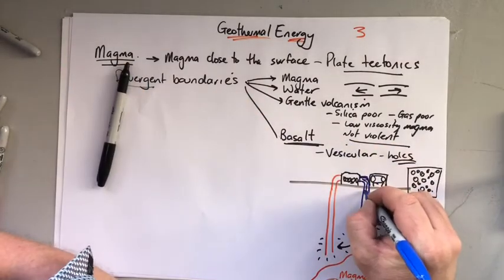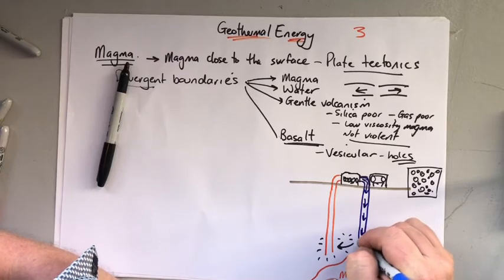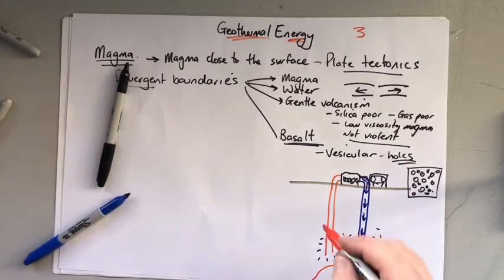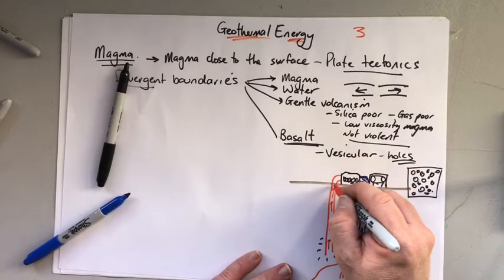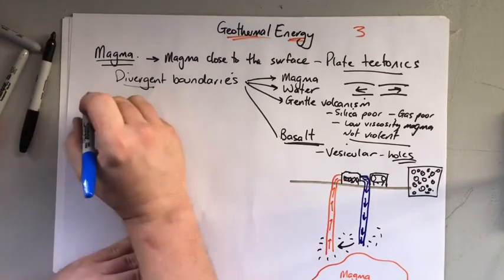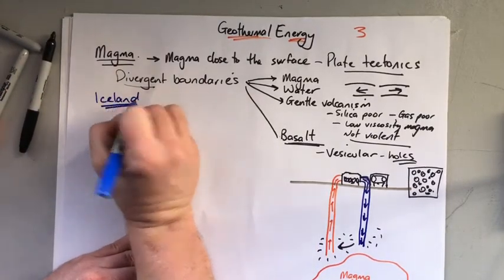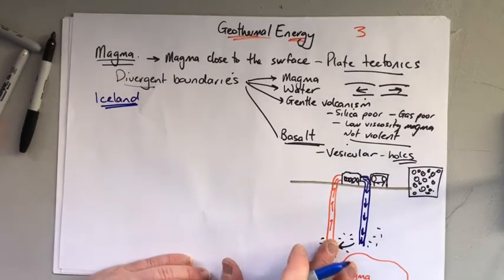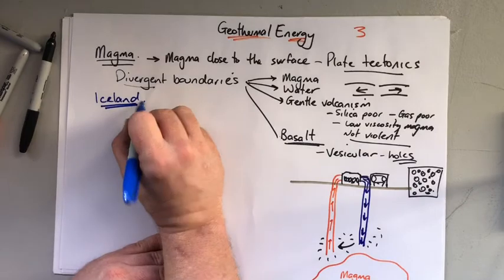So water is pumped down, where it is heated up by the magma and then brought to the surface, turned to steam and generates power. Best examples that we have of this exist in Iceland. Iceland has multiple geothermal energy power plants.